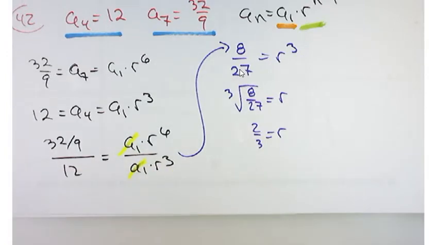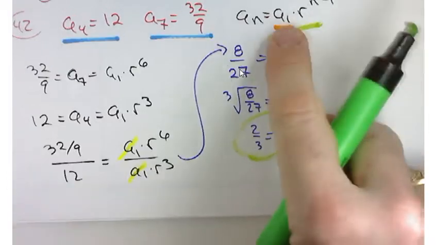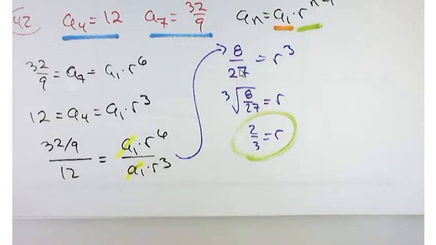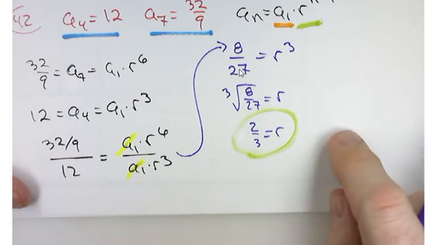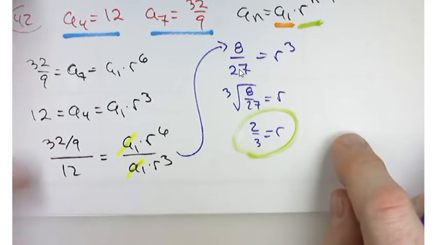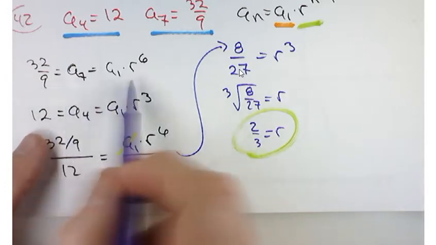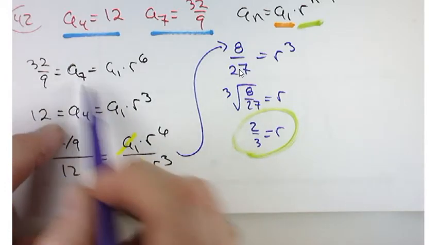So we got r here. We need to know what a sub 1 is. I'm open to suggestions. How are we going to find a sub 1? Plug it in where? To one of the two equations that you gave. Yeah, plug it in one of these two right here. Either to a sub 7 or a sub 4.